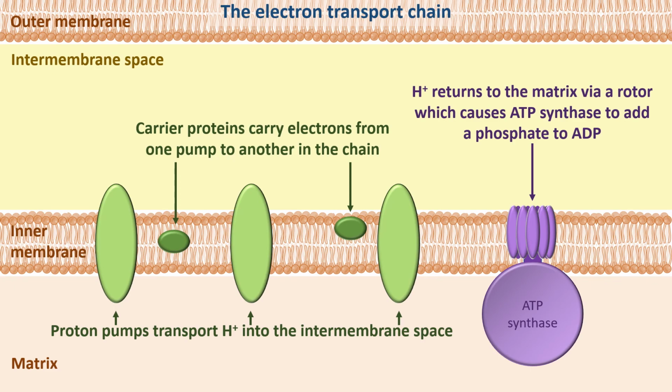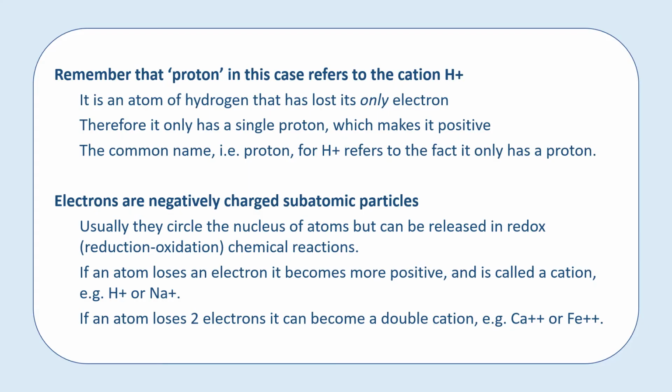So let's look at that as a process. First of all, you need to remember that proton in this case, as I said, refers to the cation H+. It is an atom of hydrogen that has lost its only electron. Therefore, it's got a single proton, and therefore people call it a proton.